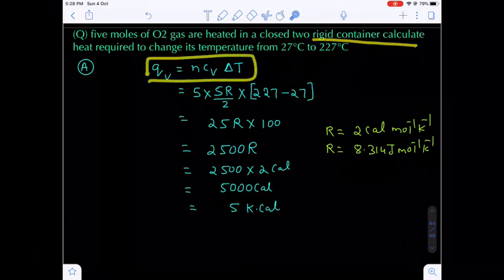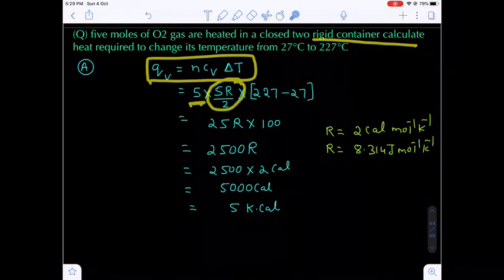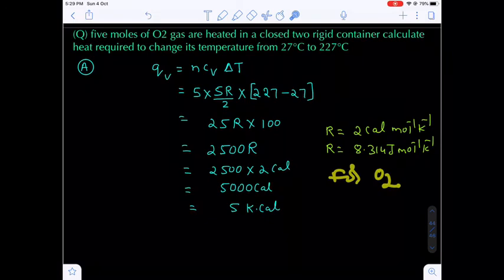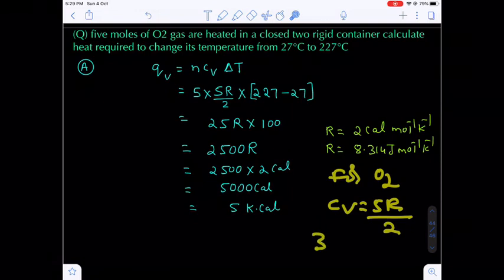When the volume is constant, we can say heat content of a system at constant volume, QV, is equal to n CV delta T. What is the number of moles of the ideal gas given? 5 moles. What is the CV for oxygen, a diatomic gas? That is equal to 5R by 2. Are you getting my point?